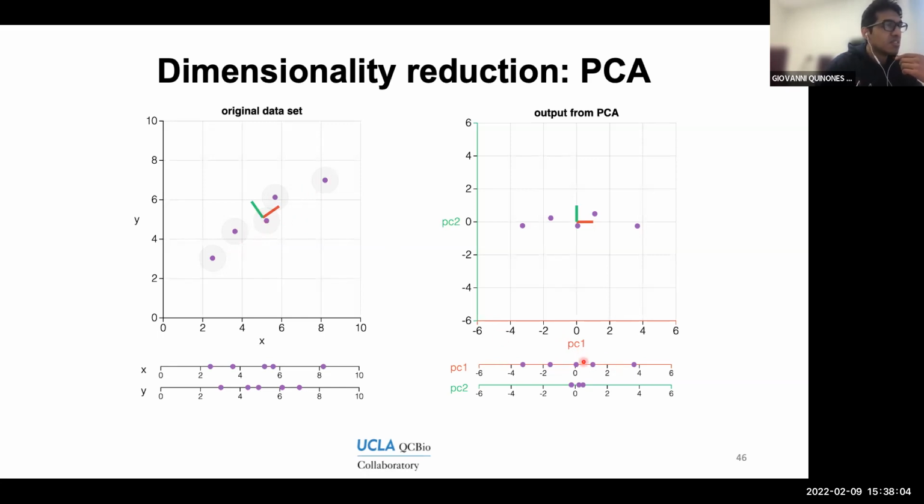And PC1 is just 1 dimension as opposed to 2. In this way, we accomplished reducing the number of dimensions. Now you may be wondering, what about PC2? There is still some spread, there is still some variance.